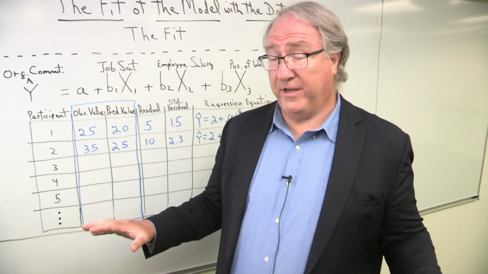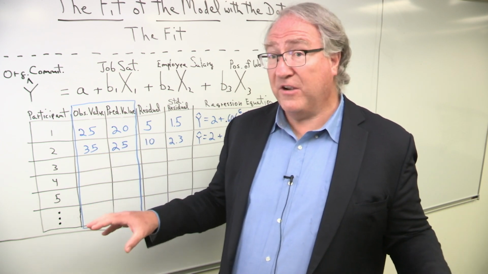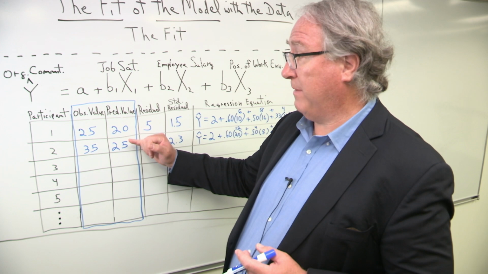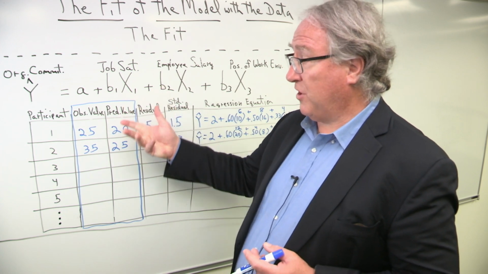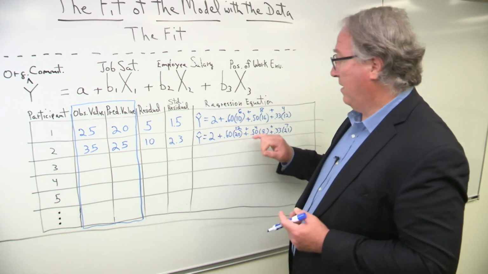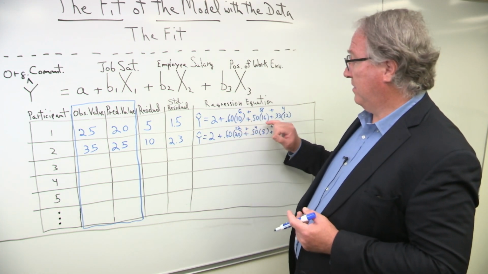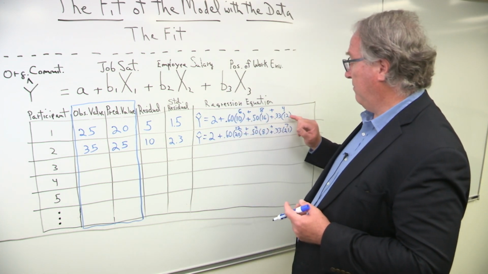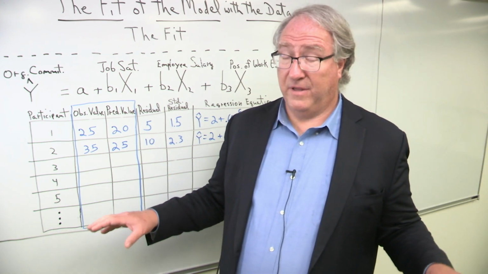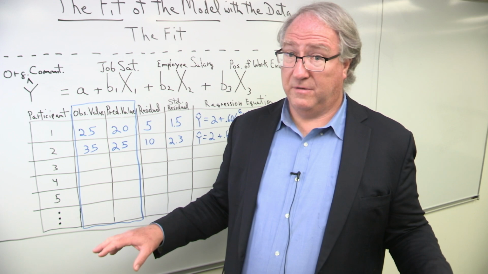What does vary and what gives you the variance in your predicted values, not only between participant 1 and participant 2, but across all of the participants in your sample, are their scores on each of the predictive variable measures. Those do vary from participant to participant.